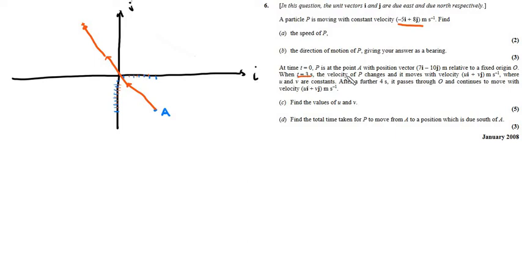And then after those 3 seconds, the velocity of p changes and it moves with the velocity of ui plus vj meters per second, where u and v are constants. After a further 4 seconds, it passes through the origin. So what's that telling us?